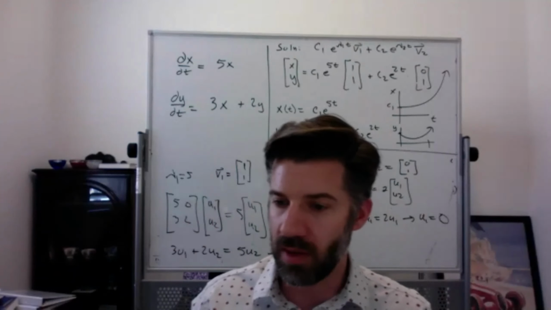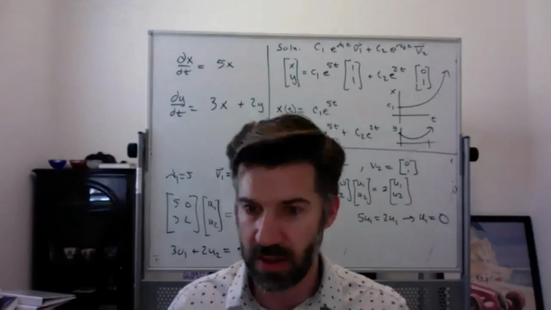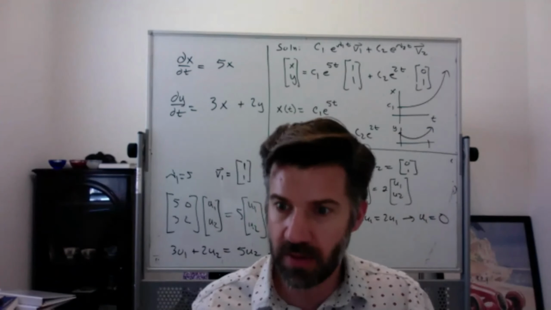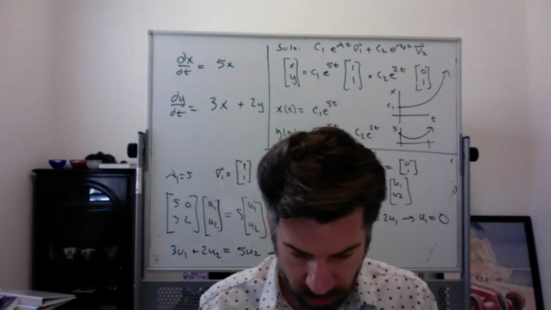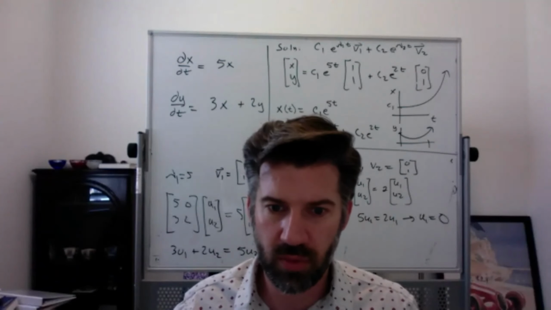We can look at the phase plane for a second to see what this looks like. For this system, I've got dx/dt equals 5x and dy/dt equals 3x plus 2y. Sorry, I should share my screen.